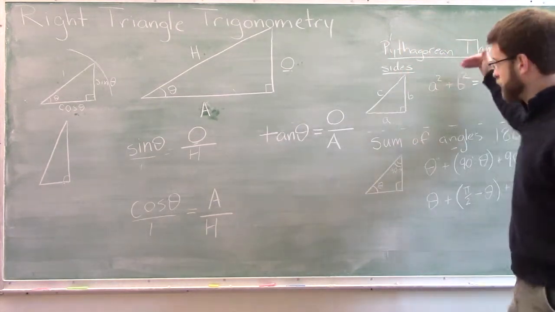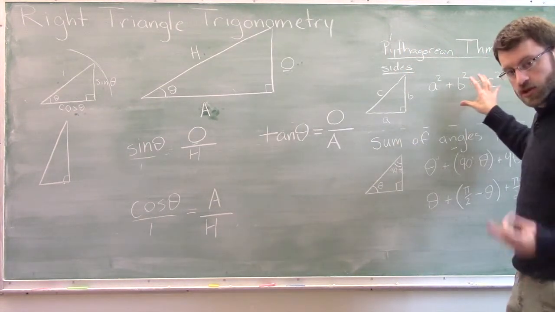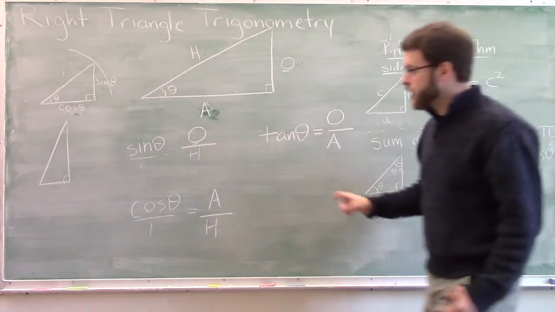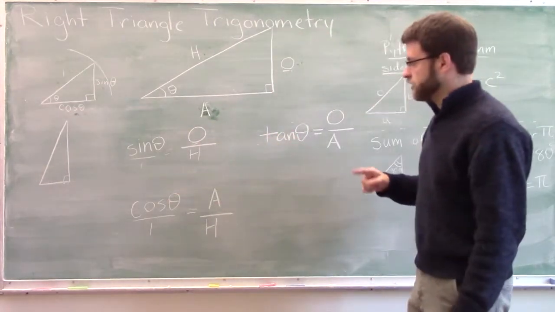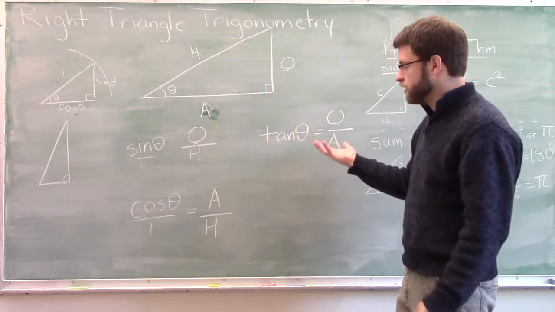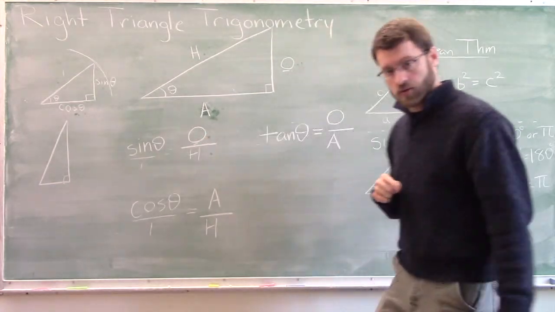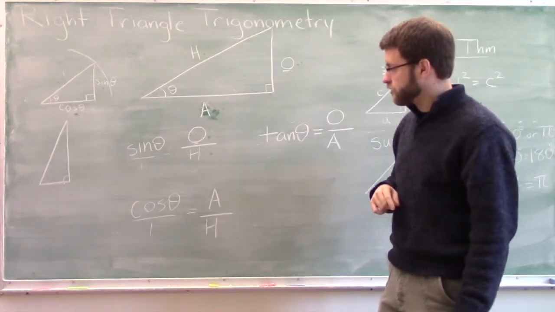So you've got Pythagorean theorem, which is a relationship just between sides. You have the sum of angles, which is a relationship between all the angles of the triangle. And then you have sine, cosine, and tangent, really, which give you connections between two sides and an angle, a non-right angle.